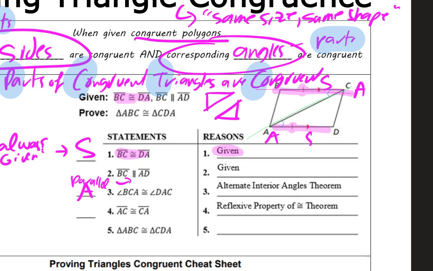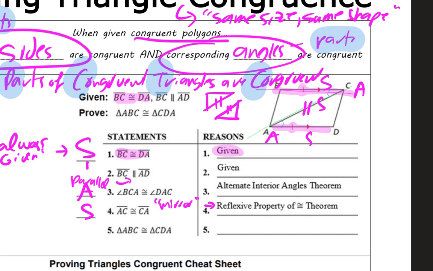They share this same side, the same side on both of them. We know that because of the reflexive property, which we talked about in recent weeks. Reflexive is like a mirror; it reflects, so if we go one way, that's the same as the other way. That also represents a side.